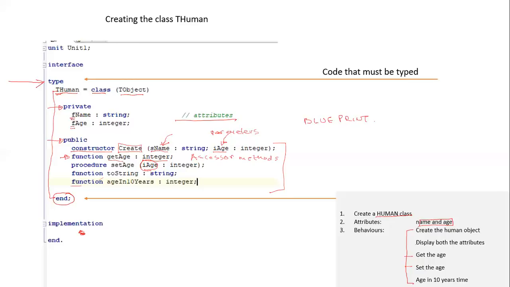So my parameter is the age, which is an integer. And then in the implementation, you will see I take the age value and I set it to fAge, which is my attribute. All my set methods are written as procedures, and these set methods are called mutator methods.